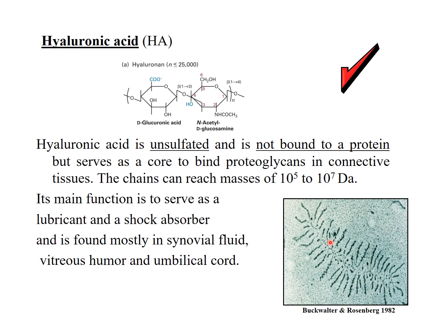And it actually binds other proteoglycans and keeps them together. So this in the middle is hyaluronic acid. It is a rotary shadowing electron microscopy picture. And these are proteoglycan units that are kept in the extracellular matrix as a bunch.